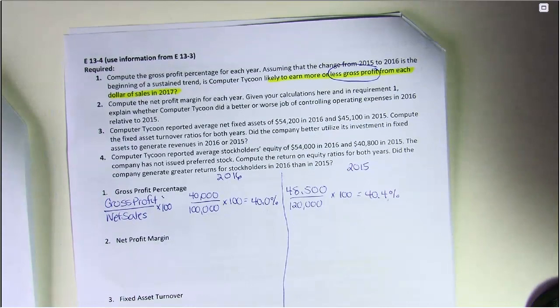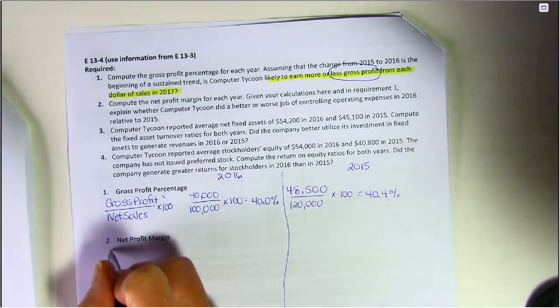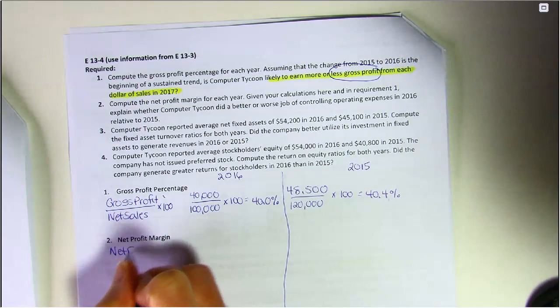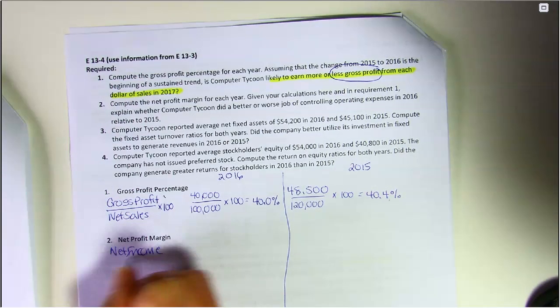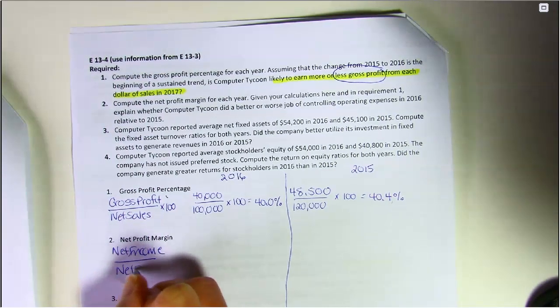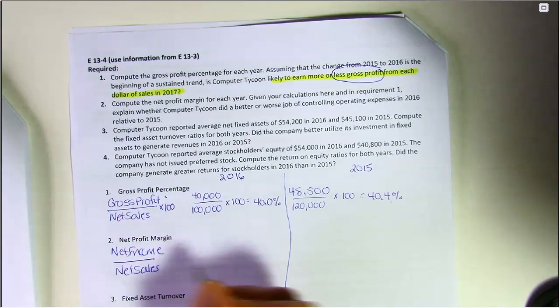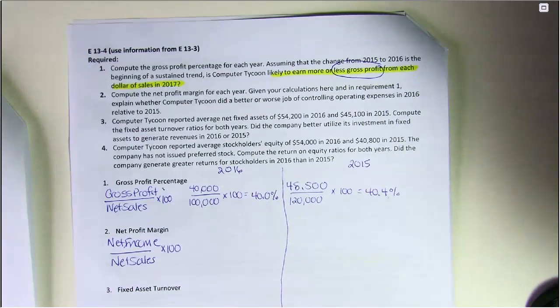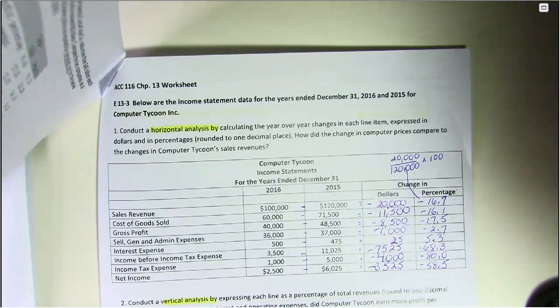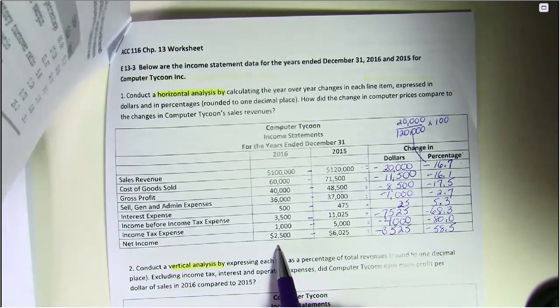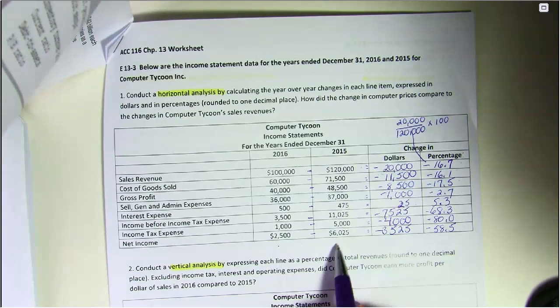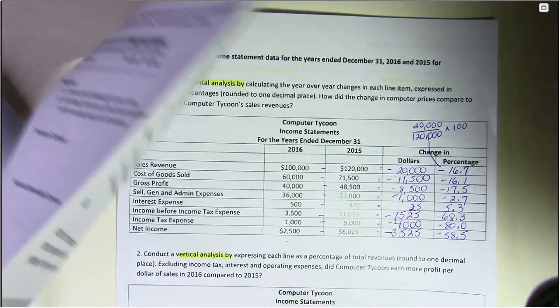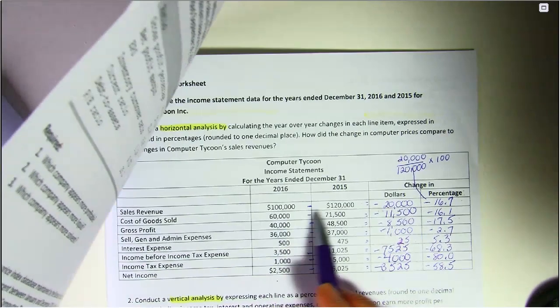Okay, now for net profit margin, our formula there is our net income divided by net sales. And again, they want that in percent format, so we'll multiply by 100. Net income for 2016 was $2,500. For 2015, it was $6,025, and we're going to divide by our sales revenue.